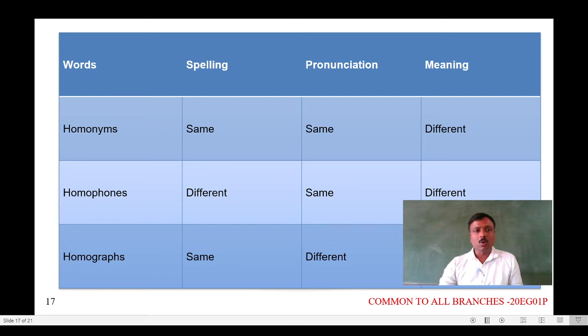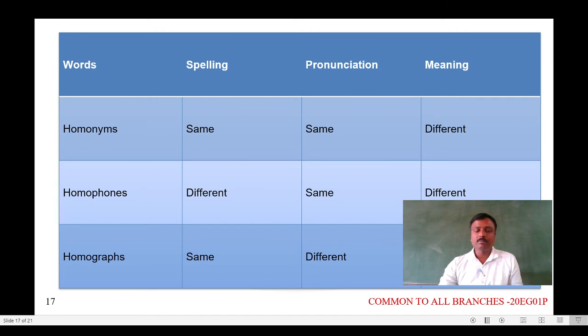So let's go to homophones. Homophones have different spelling, but they have the same pronunciation and different meanings. For example, B-U-Y, buy, and B-Y, by. Buy is a verb. I'm going to buy a new car next month. ಖರೀದಿ ಮಾಡೋದು ಅನ್ನೋ ಮೀನಿಂಗ್ ಬರುತ್ತೆ.